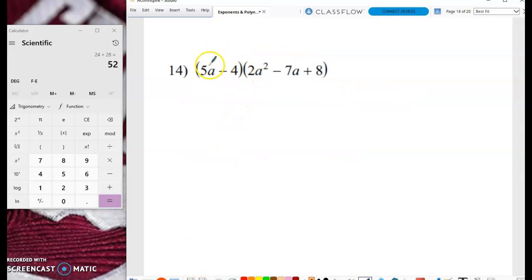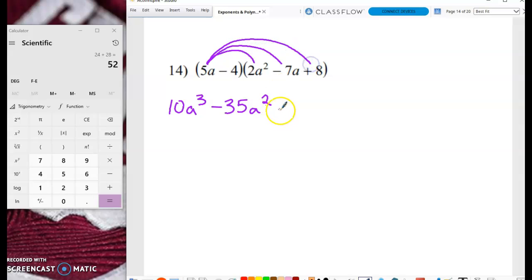Number 14, same thing. We're going to take the 5a and distribute it. So starting with 2a squared, we're going to get 10a cubed. 5a times negative 7a is going to be minus 35a squared. 5a times 8 is going to be plus 40a.